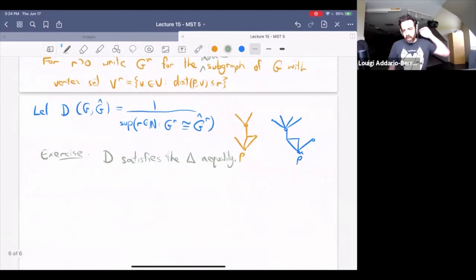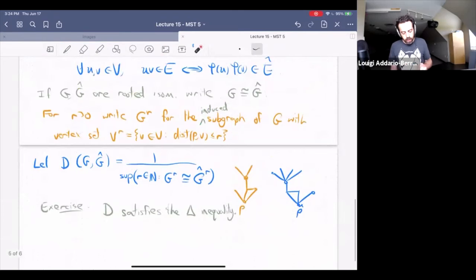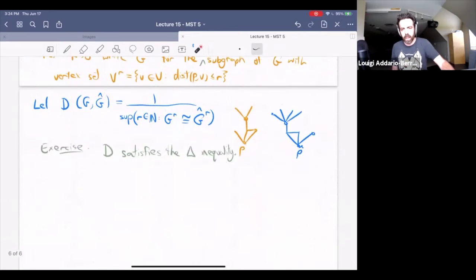Okay, it's not technically a metric, because if I have two isomorphic graphs, they'll have distance 0 under this distance. But we're only going to care about graphs up to isomorphism, so we'll just quotient out.